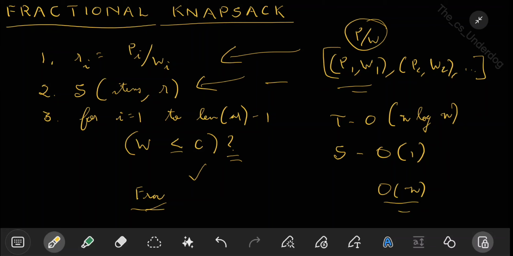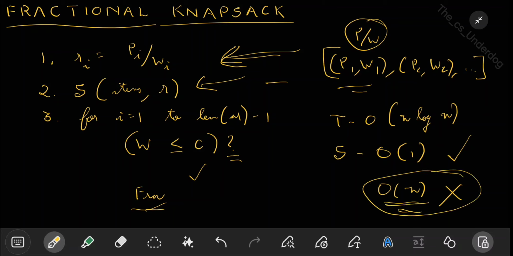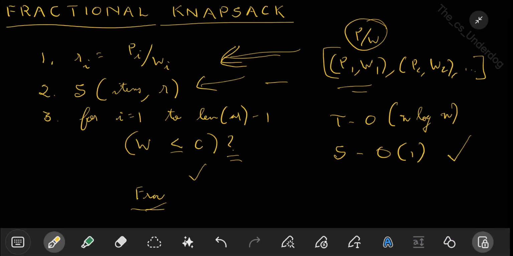So you don't have to calculate all the ratios and keep them separately. While you are sorting, you can simply compare profit by weight ratio instead of comparing profit or weight. In that case, you can do it in order of one space. You don't have to take order of n. Otherwise, if you don't implement it correctly, it may go to order of n space. So the time complexity is order of n log n, and space is order of 1.